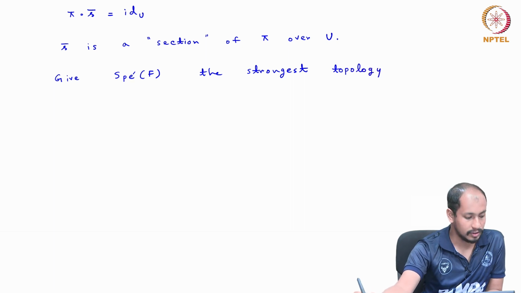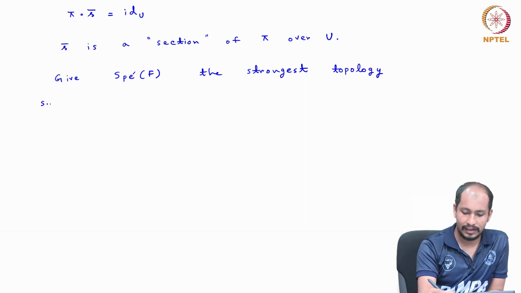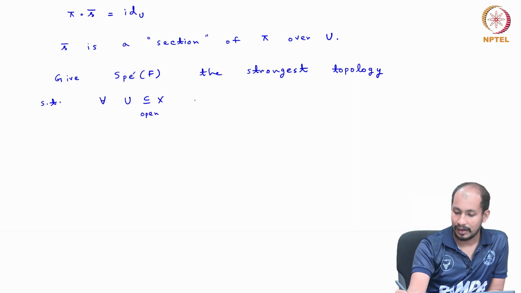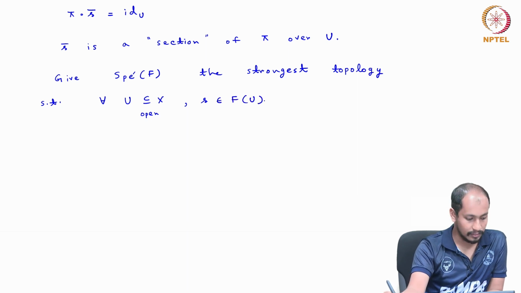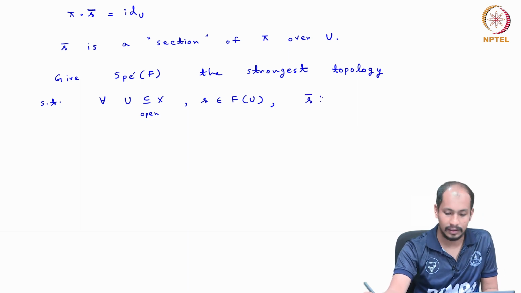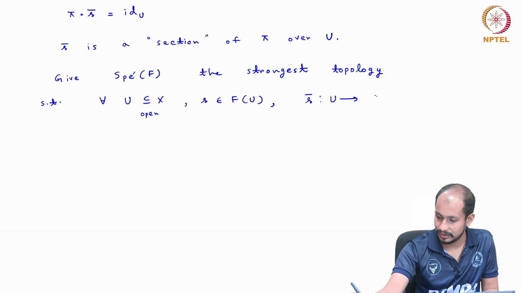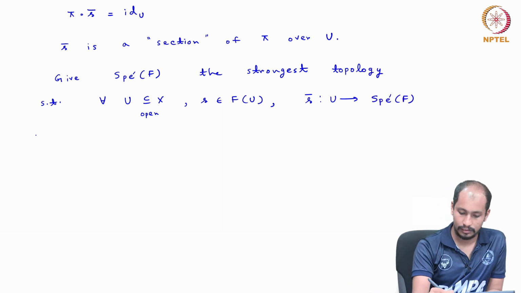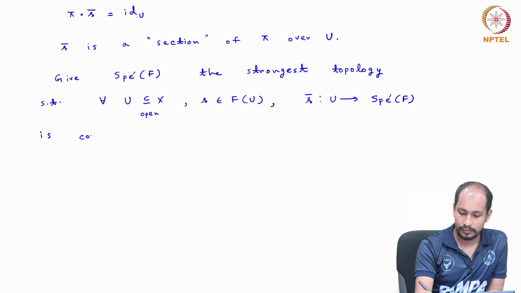The strongest topology such that for every open subset U inside X and every section s inside F(U), this map s bar from U to this Etale space of F is continuous.